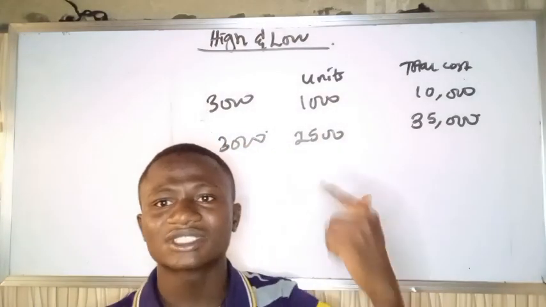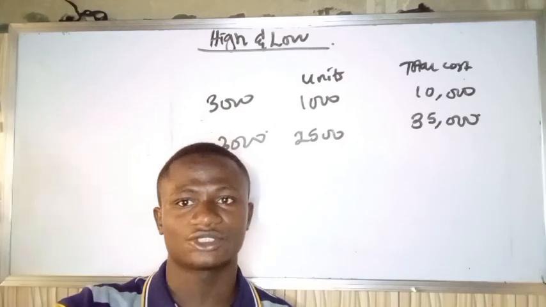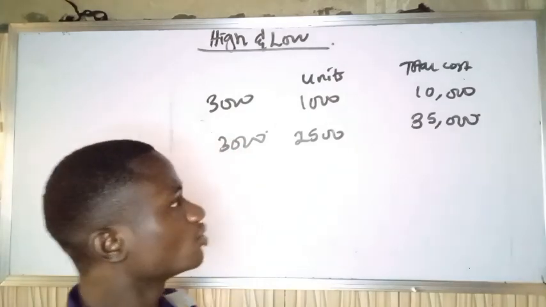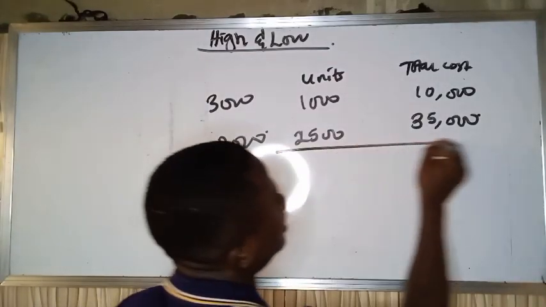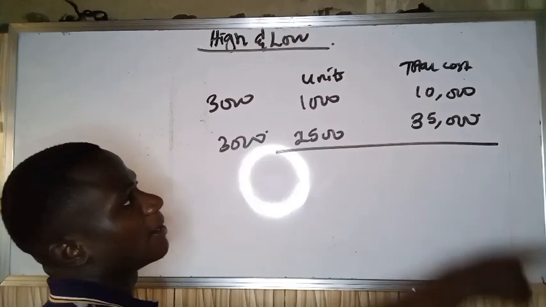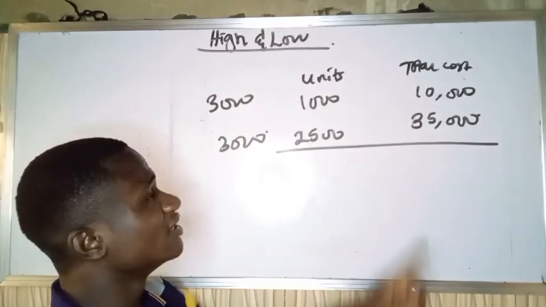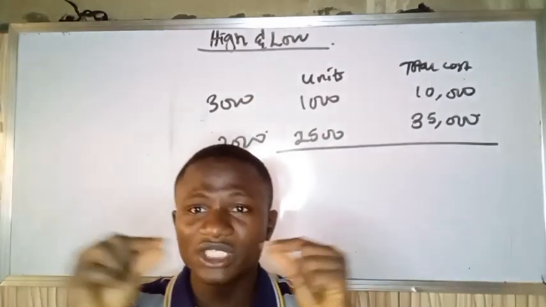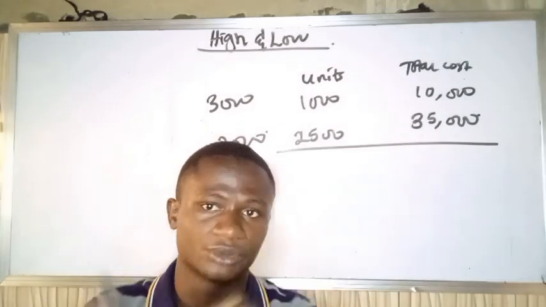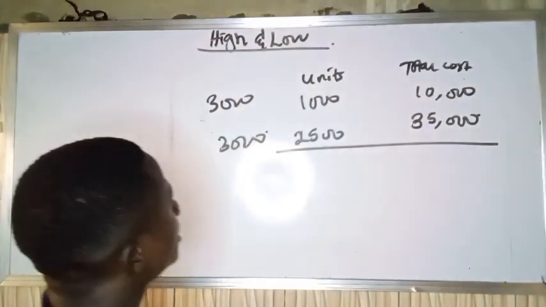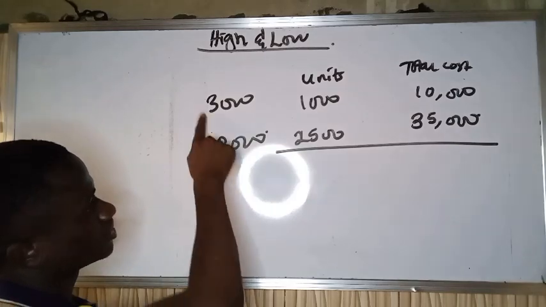Now, what does that tell us? It tells us that if I subtract my lower level of activity, which is 10,000, from my higher level of activity, which is 35,000, I'm only going to have my variable cost component. Look at it: 3,000, 3,000.